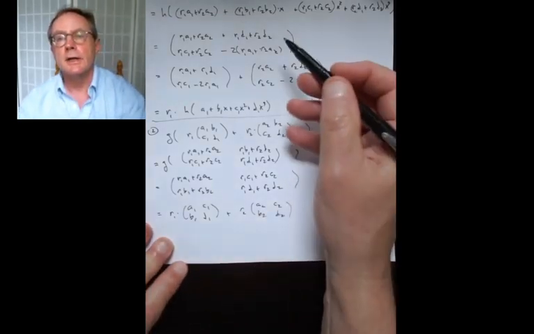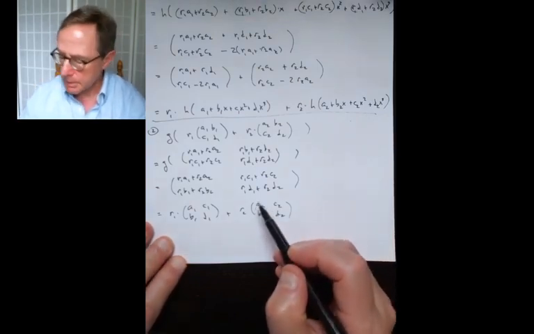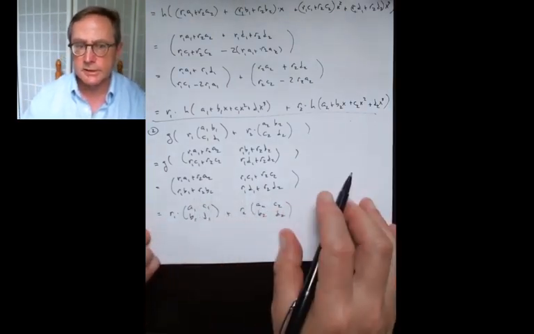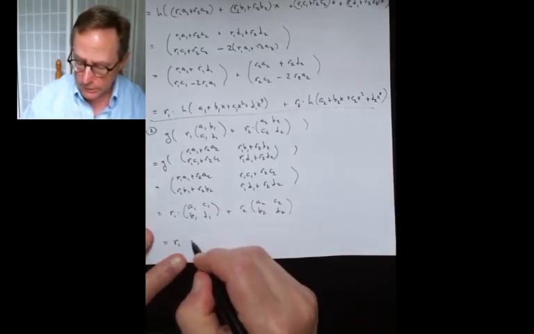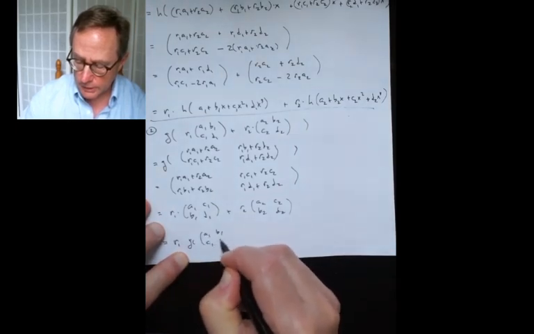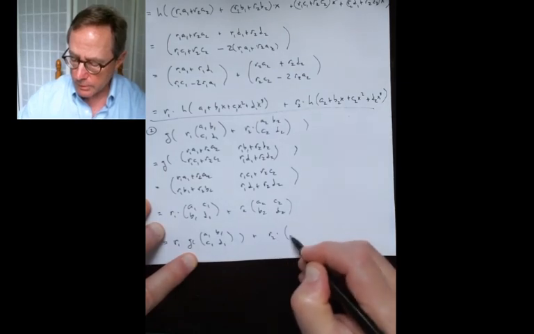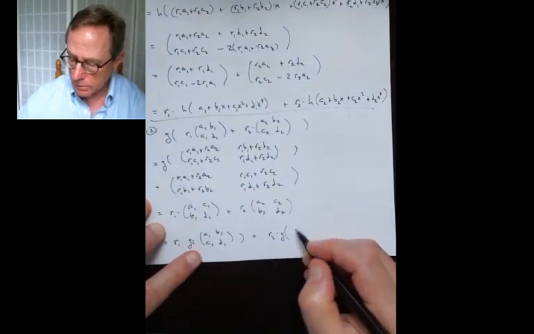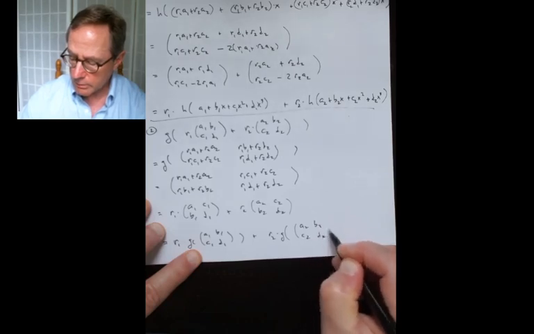So it does remind you of this step up here. They're exactly the same in spirit. Maybe not the algebraic details, but the same idea. And then this, I just recognize as R1 times G of A1 B1 C1 D1 plus R2 times G of A2 B2 C2 D2.